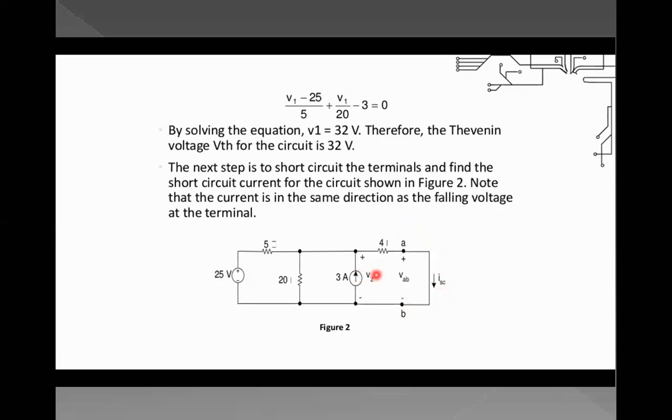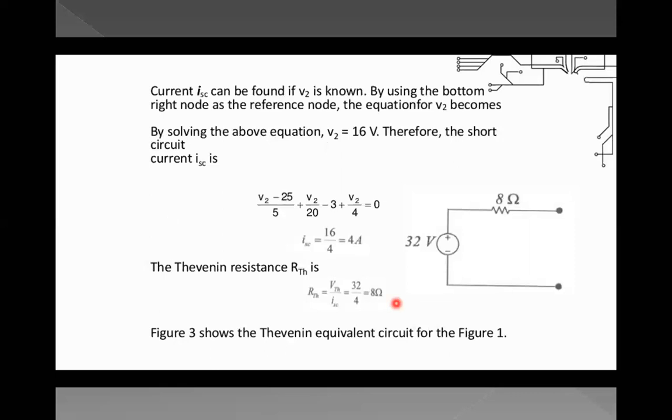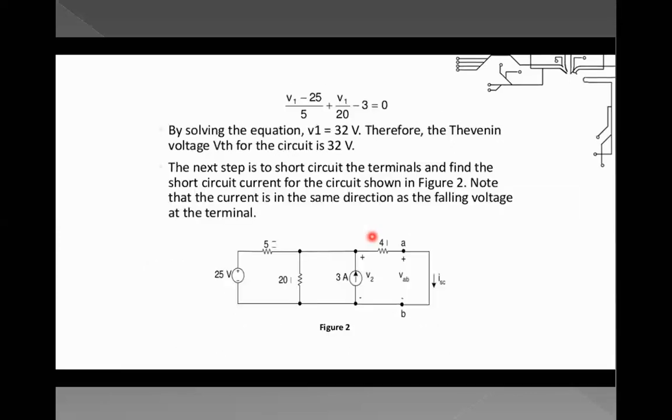Now if we have the value of V2, we can clearly say that ISC is equal to V2 by R. So by using the bottom right node as a reference node, the equation for V2 becomes, please look here, let's go through this. This is V2, right?